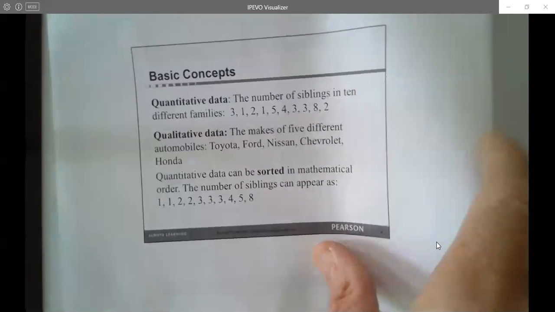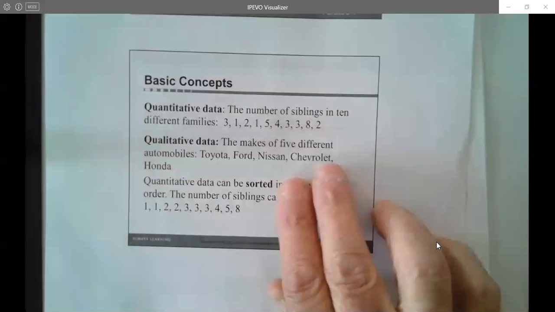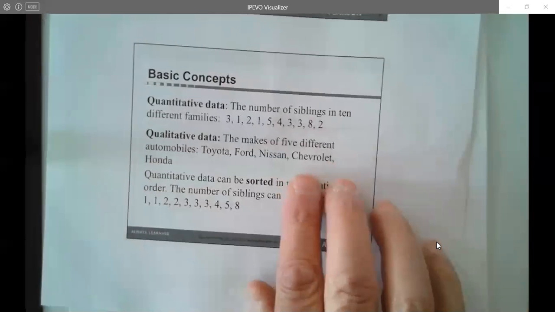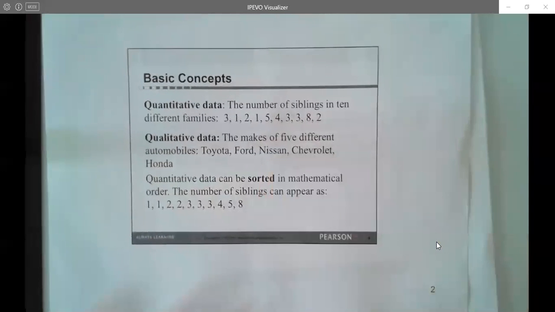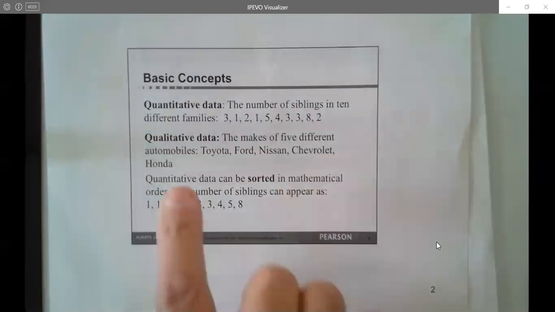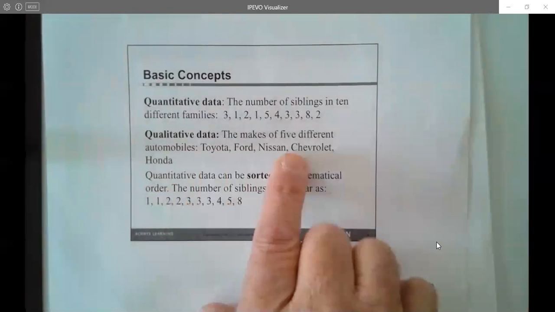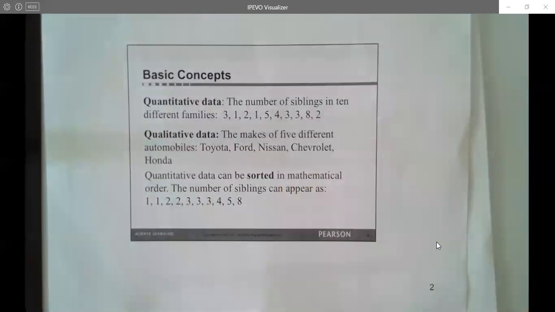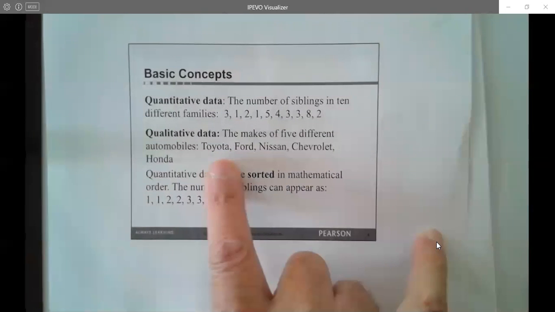Sometimes with quantitative data there's just too much of a difference between categories to organize it, so you have to use more of a qualitative form.